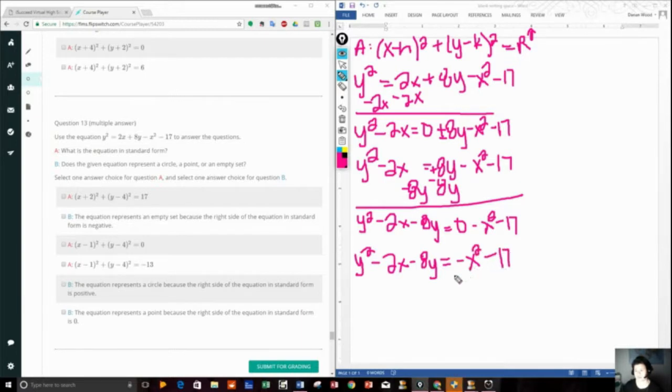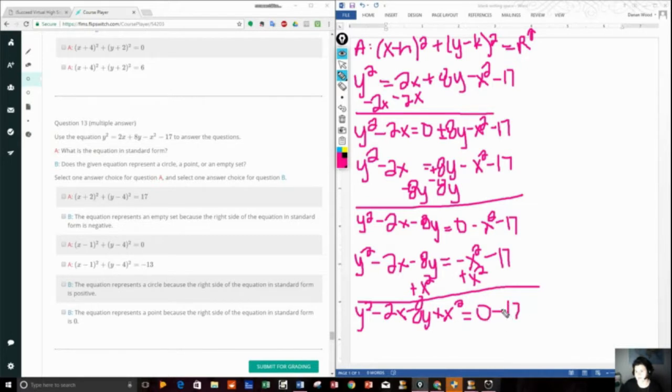Since this is negative, we're going to add x squared. That's the inverse operation. Since x and x squared are not like terms, and y and x squared are not like terms, we're just going to write it all out. So we have y squared minus 2x minus 8y plus x squared equals minus x squared plus x squared is 0, minus 17.